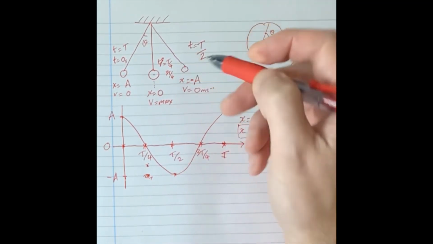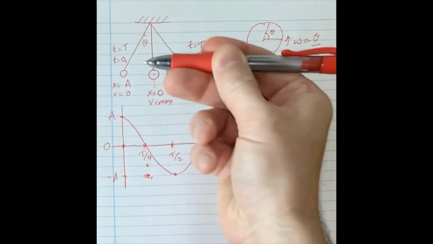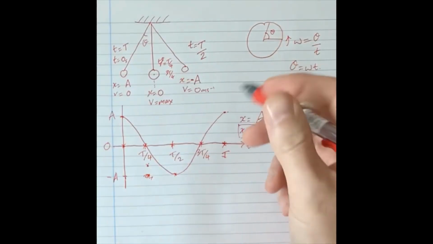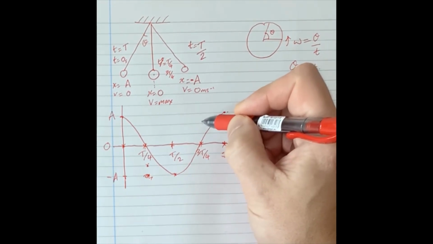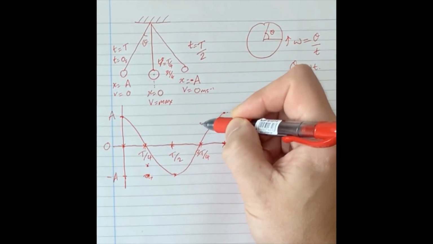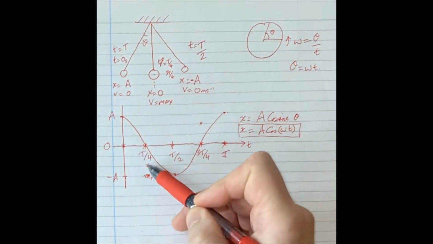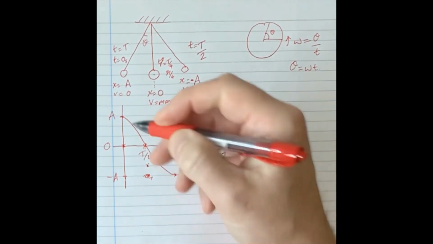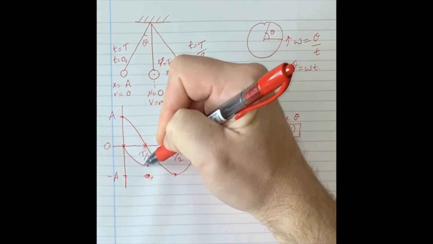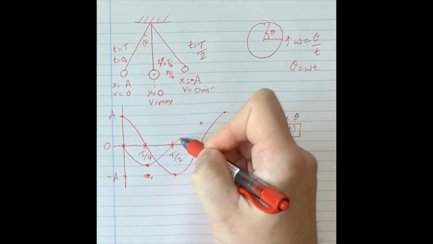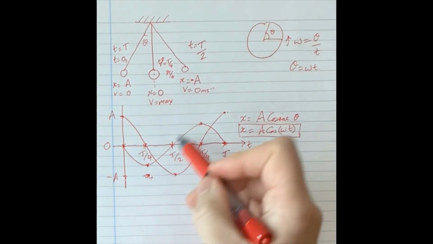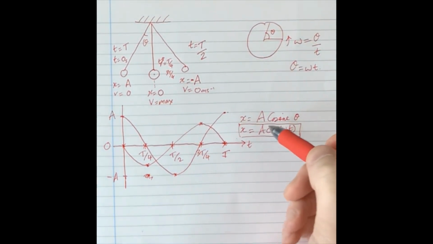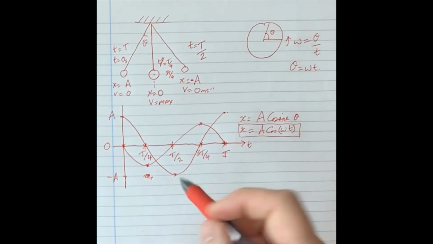And then when t is 3/4, because it's now heading back in the direction of positive displacement, it's going to be at a positive maximum. Okay, so let's just put that there. So we've got this point, this point, this point, this point, and this point to join up. Not too bad. Okay, there we go. So this is the shape of this graph for velocity against time.